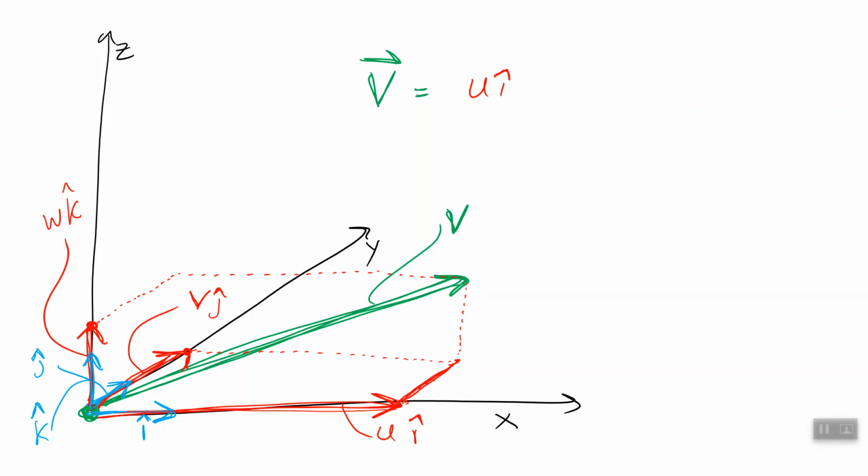And then when you add vectors, remember you connect them tail to tail. So u i hat plus, you add it to the tail going towards the end. So plus v j hat, and then we add one more vector, plus w k hat, gives us v.